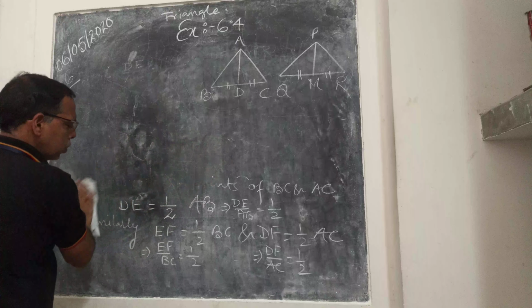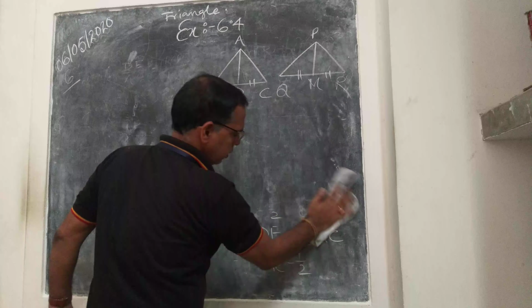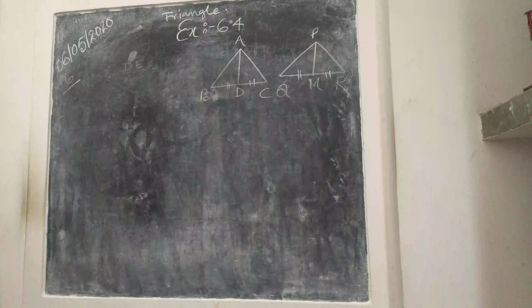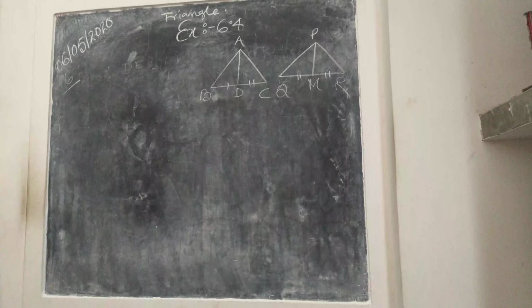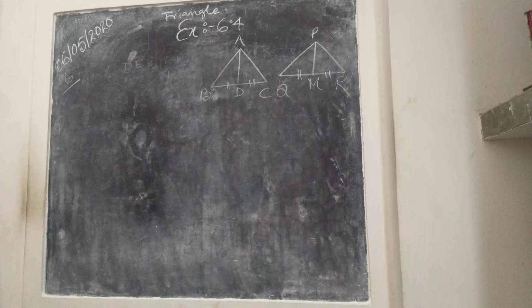Now, please go through the question once. What are they asking? Prove that the ratio of the areas of two similar triangles is equal to the square of the ratio of their corresponding medians.